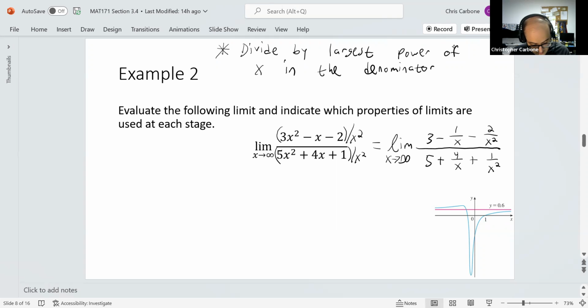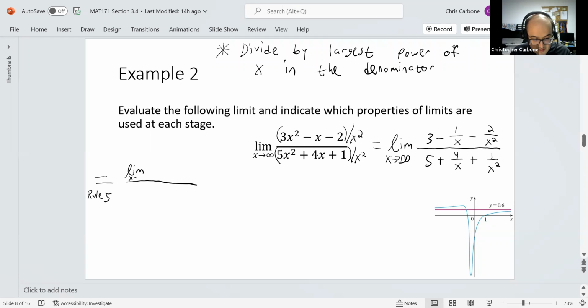So doing that allows us now to calculate this limit. And based on those limit rules, from rule 5 of those limit rules, we could take the limit now of each part, the numerator and the denominator.